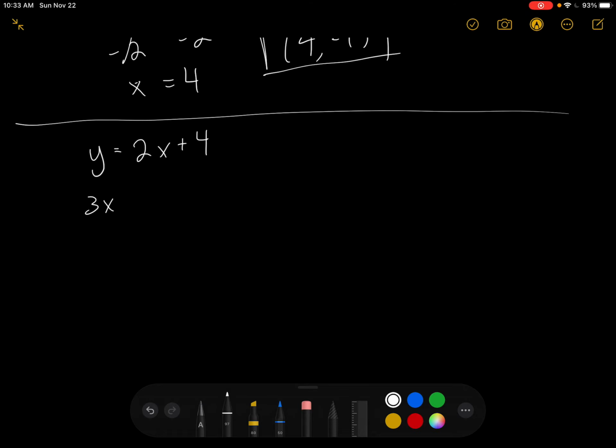I can't read my writing. I really hope that's right. Right, so I know what y equals, so I can just plug that straight into the y here. Okay, and then I'm going to rewrite it over here.